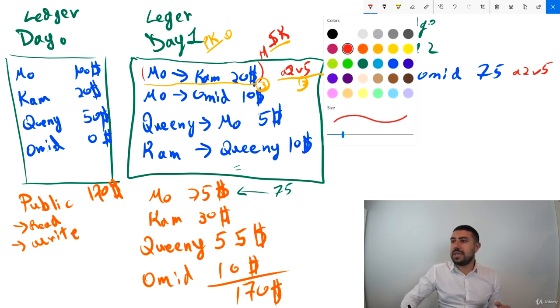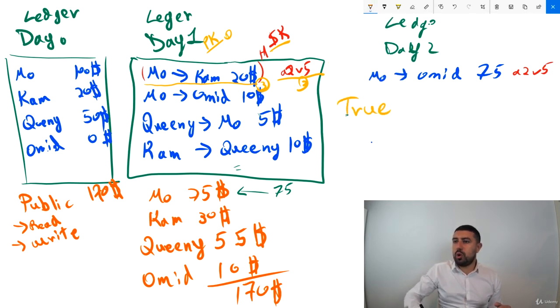Why? Because this signature also used the transaction, and this transaction is different than this transaction, right? And since this transaction is different, when he puts it in the validation function, the hash of this is going to be different than the hash of that.